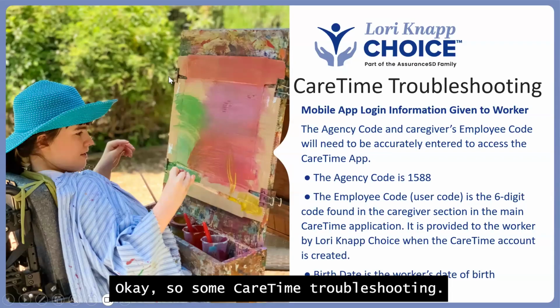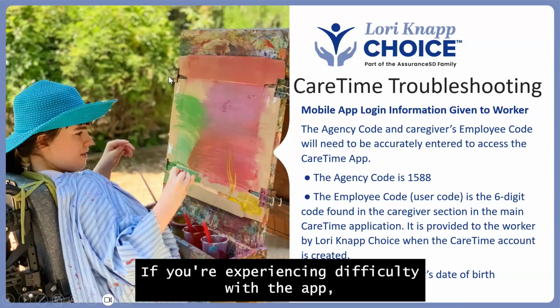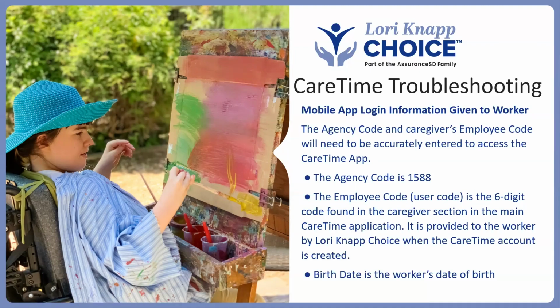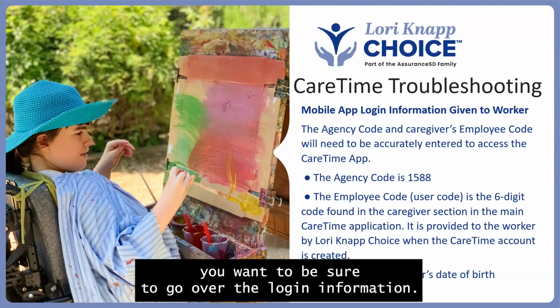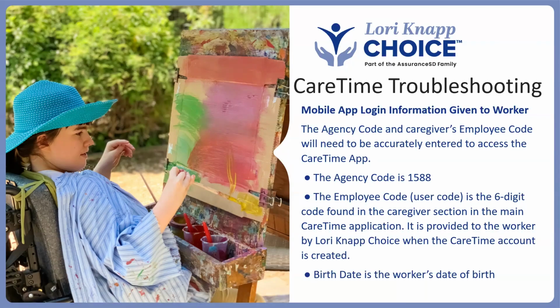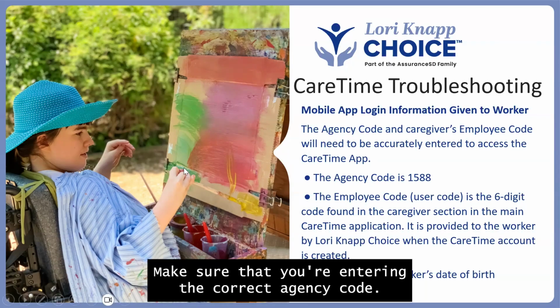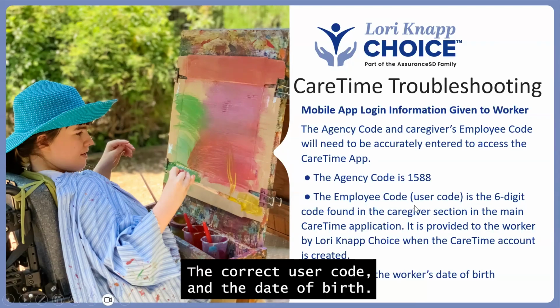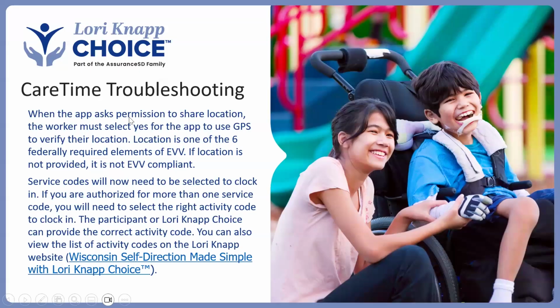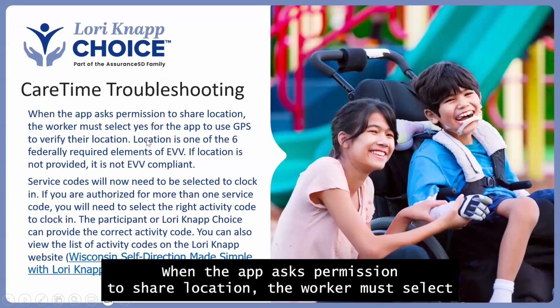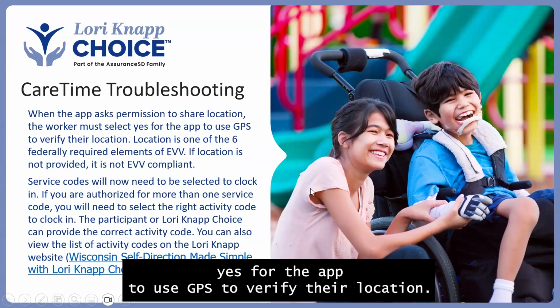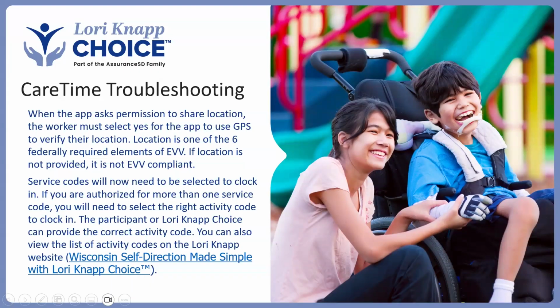Okay, so some CareTime troubleshooting. If you're experiencing difficulty with the app, you want to be sure to go over the login information. Be sure that you're entering the correct agency code, the correct user code, and the date of birth. When the app asks permission to share location, the worker must select yes for the app to use GPS to verify their location.